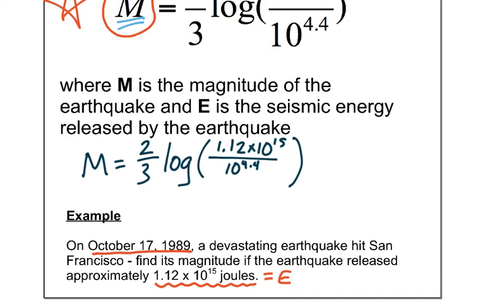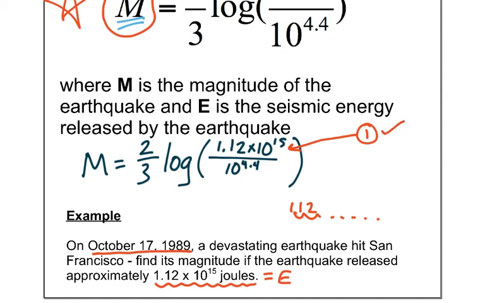Oh my gosh. Well, it's a bit complicated because of this scientific notation right here. So it might be easy just to do that in your first step. Go ahead and just in your calculator, can you do 1.12 times 10 to the 15? Or if you know your scientific notation, you just know that that is 15 zeros to the right. So I can just do 1, 2, 3, 4, and keep going all the way, and just type that number in.